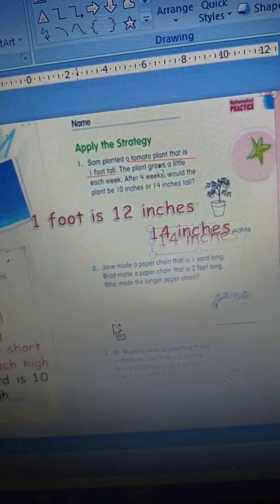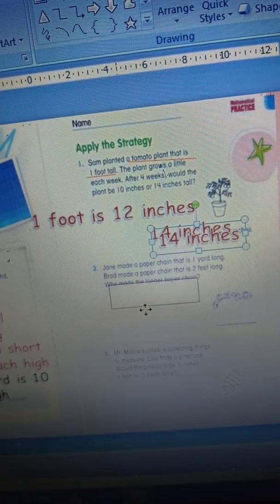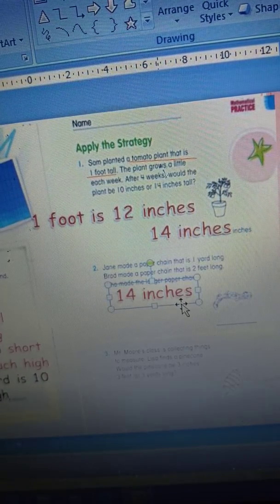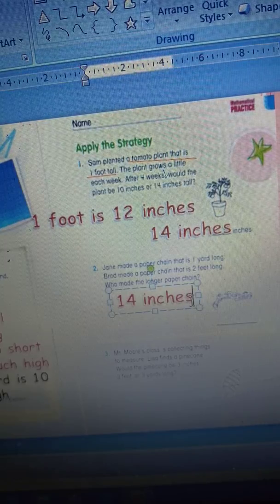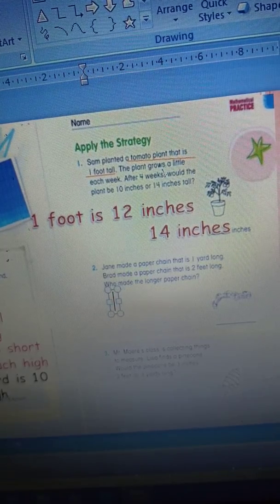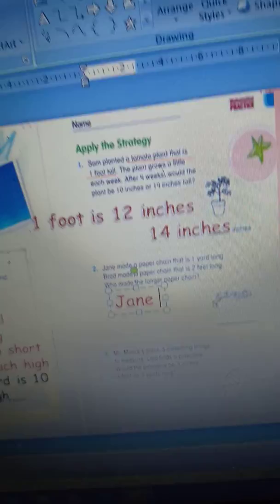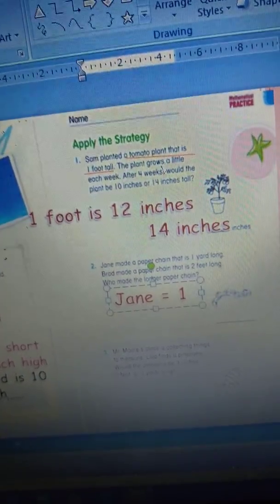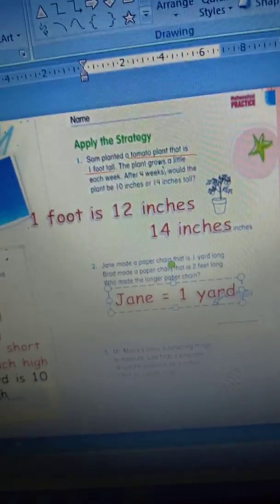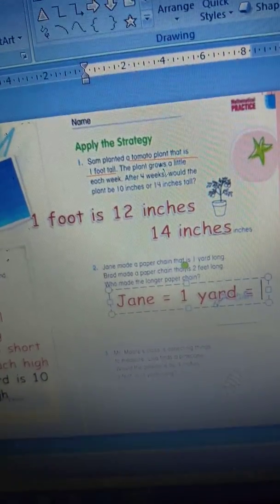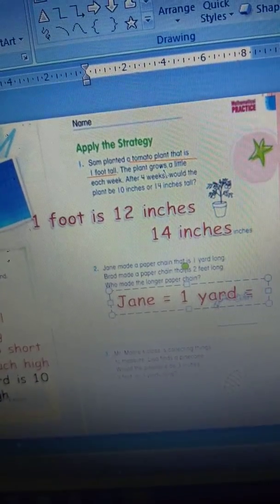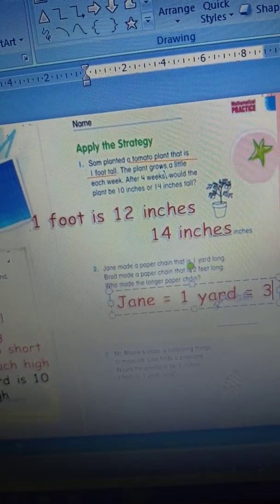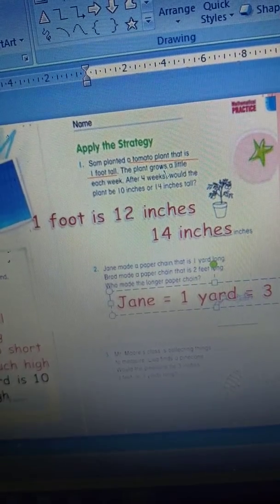You have to put in your mind that Jane, how many for Jane in the sentence? That Jane has 1 yard. Correct. 1 yard. And 1 yard is equal to how many feet? Correct. 3 feet.